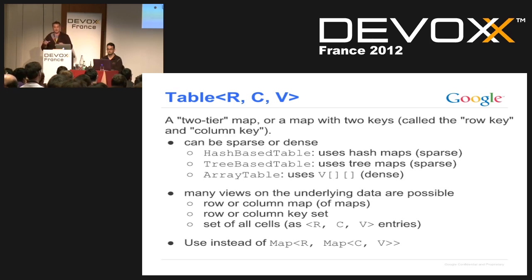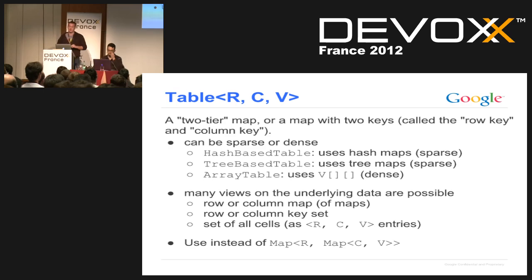However, if your data is densely packed, like let's say you're using ints for both of your two keys, you can use an array table. This is backed by an actual array of whatever object type you have, so this will be much more densely packed. But if you have non-dense data, then this will use a lot of memory.